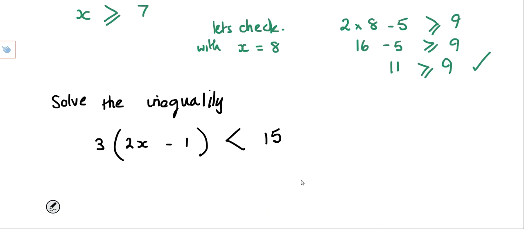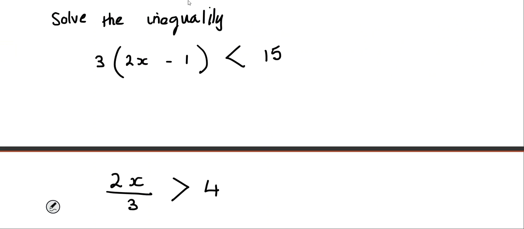Okay, have a go at solving that for me. Let's see, what did you do? So how did you do this? I did 6x. So you all expanded, I saw that, yeah? You did 6x minus 3 is less than 15.